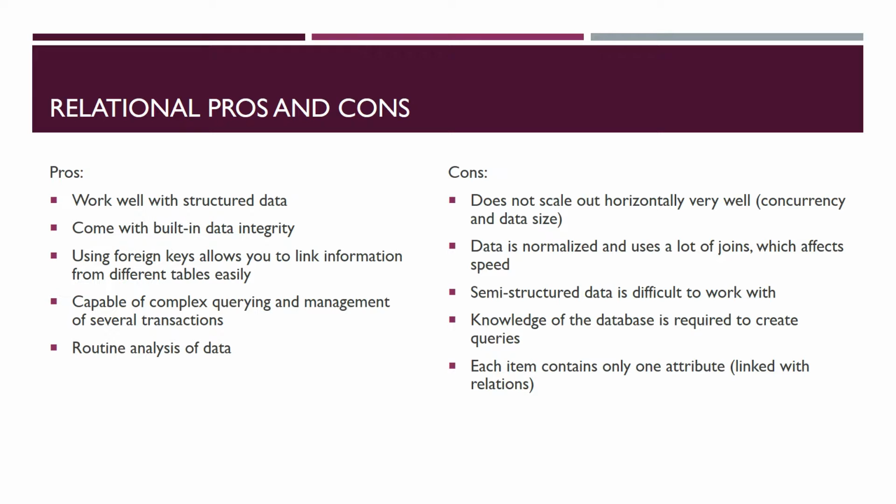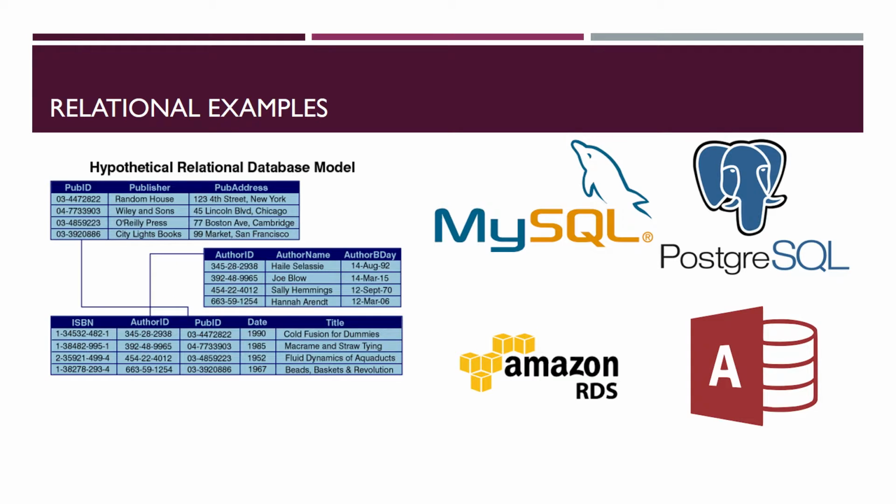You also need the structure in your data, the schema, in order for it to work at all. So if you don't have that structured a schema, or if your schema is constantly changing, it's difficult. And you need to know the database to be able to query it.